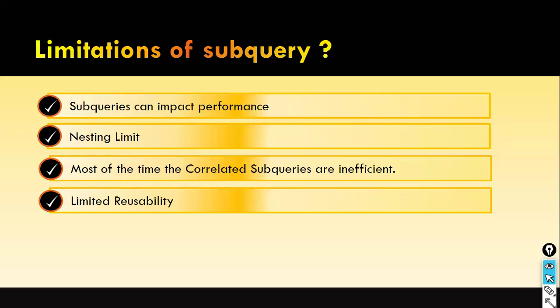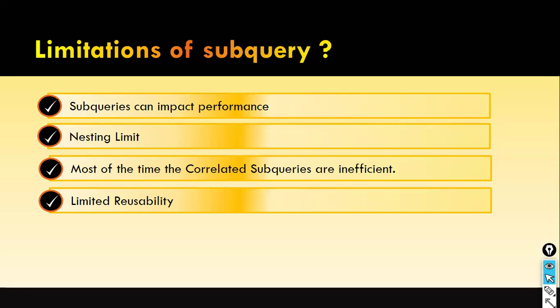But remember one thing: most of the time correlated subqueries are inefficient, because as I told you, if your outer query has 50 million records, your inner query will get executed for each row of your outer query, because you are using the outer query's column in your subquery also. And limited reusability is also not that good.